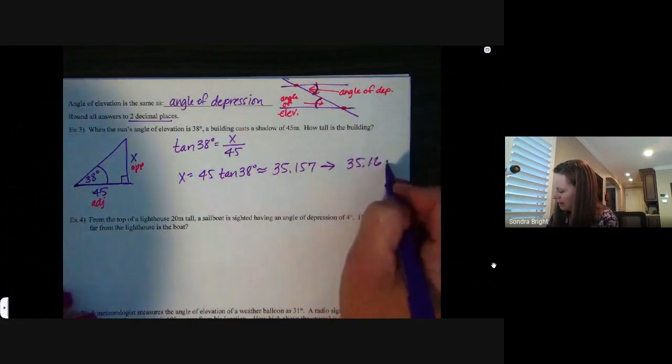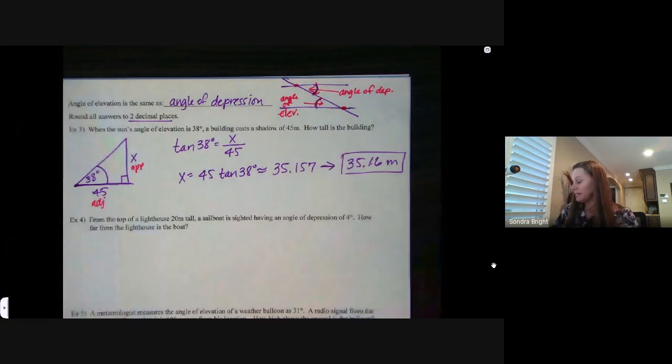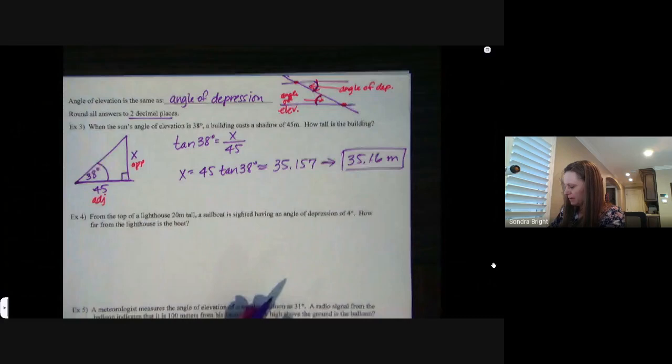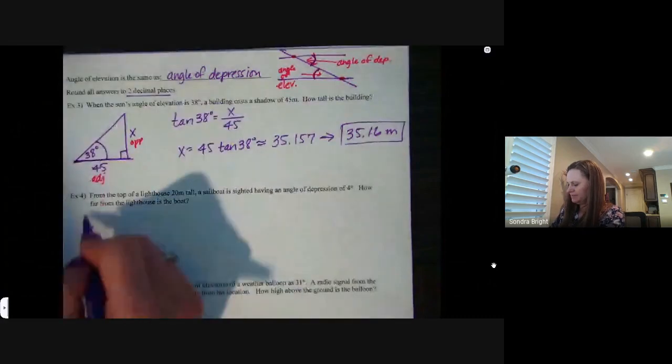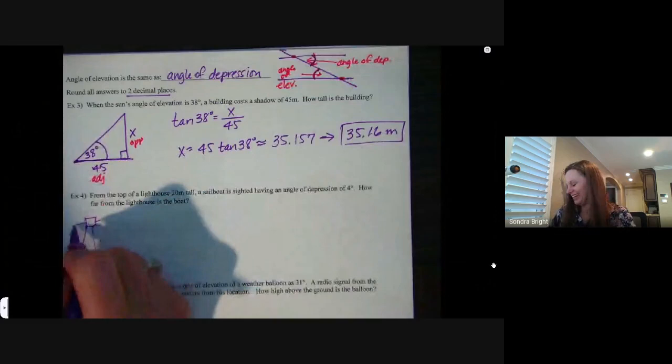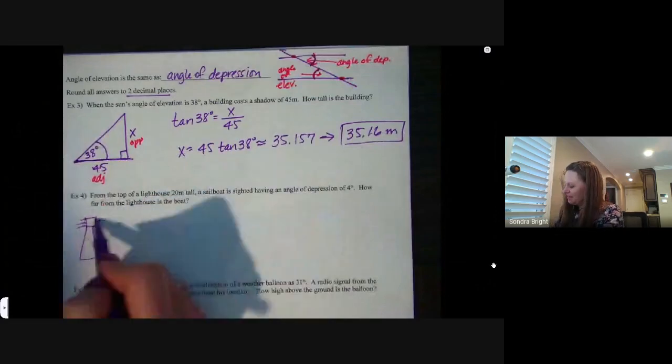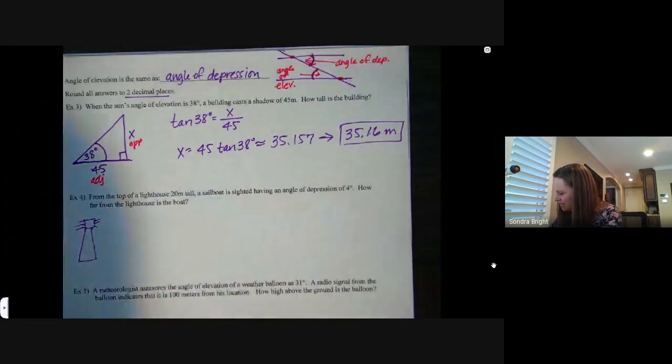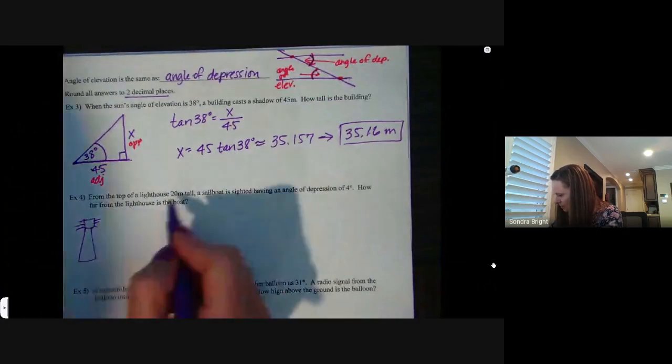All right, now, next example says from the top of a lighthouse. So let's pretend I'm not a good artist. You guys know this already, but let's say here's my lighthouse. From the top of the lighthouse, 20 meters tall. So this guy is 20 meters.